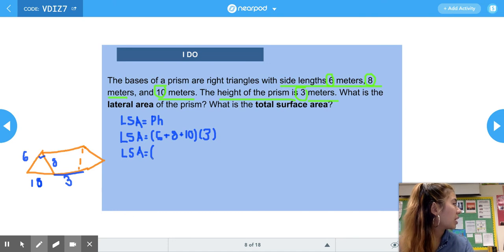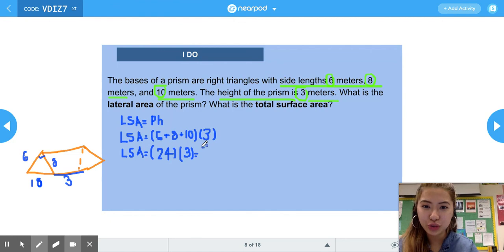Six plus 8 plus 10 is 24. 24 times 3 is 72. And our unit of measurement in this problem is meters, so it's going to be 72 meters squared.